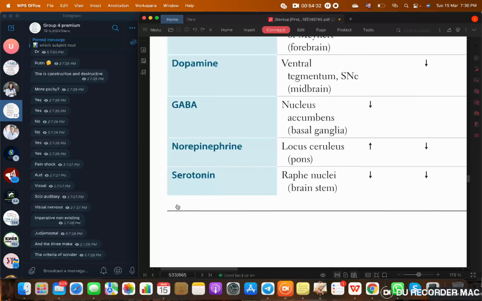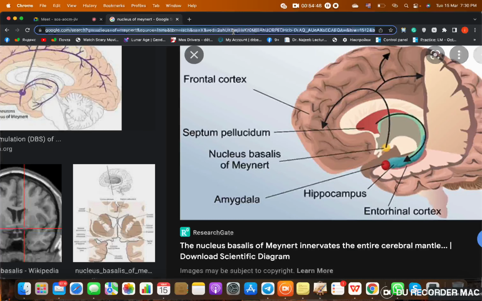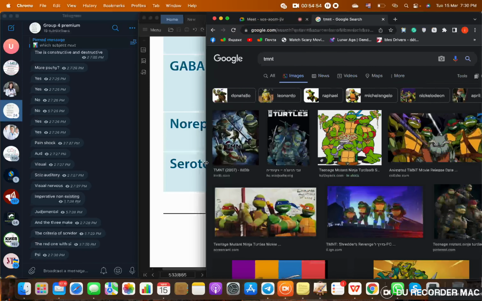If you watched the Teenage Mutant Ninja Turtles, maybe you know Raphael. Raphael is a character in the TMNT, which is like Teenage Mutant Ninja Turtles. And he had a weapon. Does anybody remember what was the weapon of Raphael? The sai, excellent.